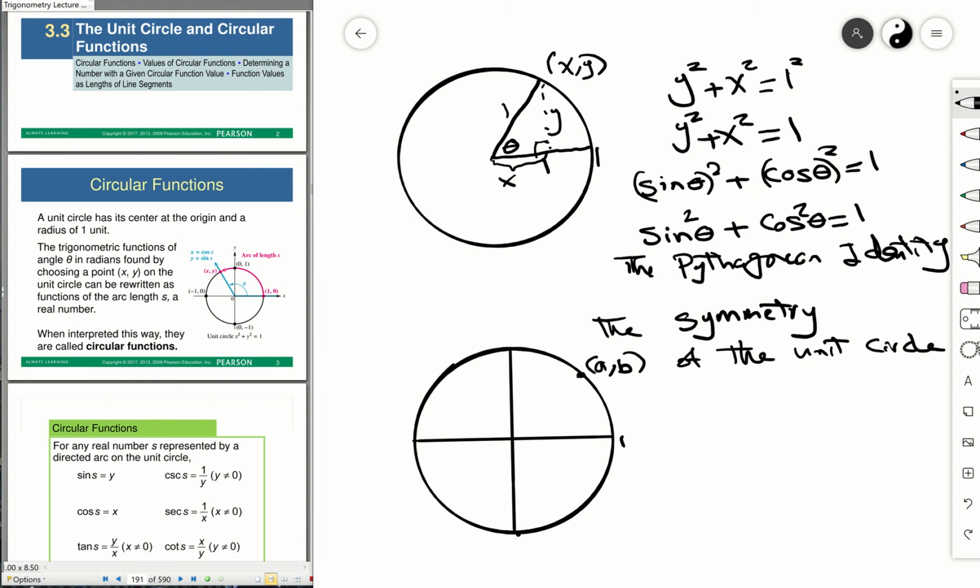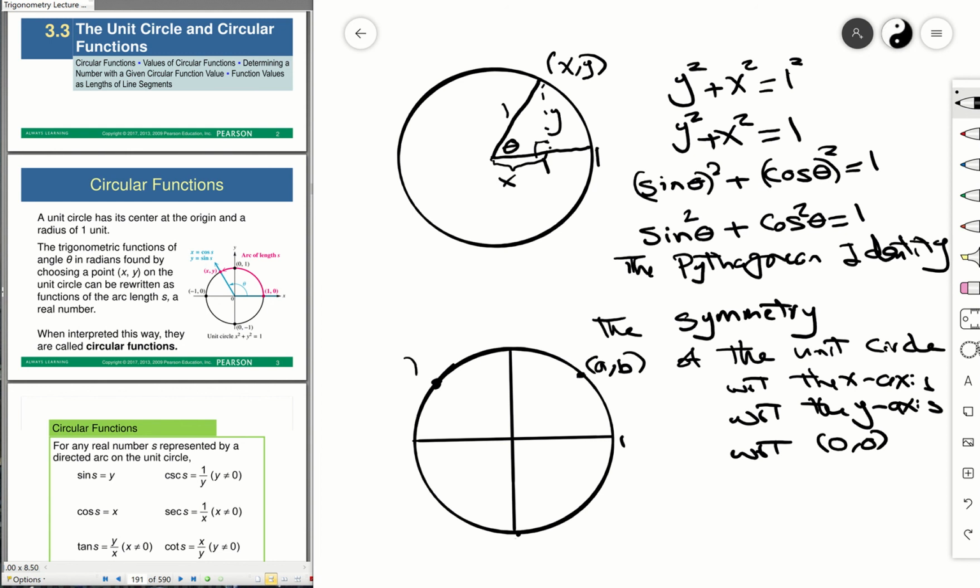What all these different kinds of symmetry, so in other words, with respect to the x-axis, with respect to the y-axis, and with respect to the origin or the point 0, 0, indicate is that if the point AB is on the unit circle, then symmetry with respect to the y-axis tells us that this point here is going to be on the unit circle as well.